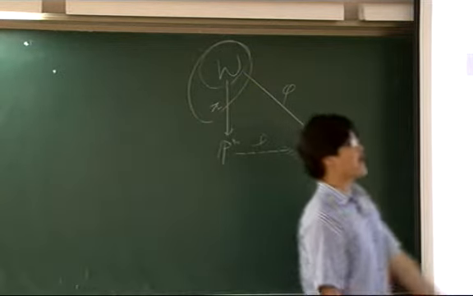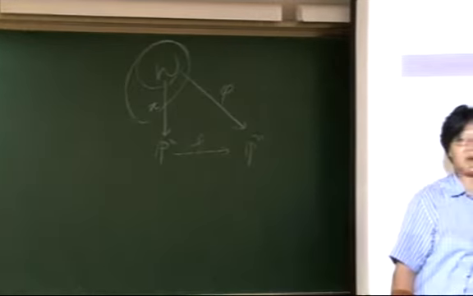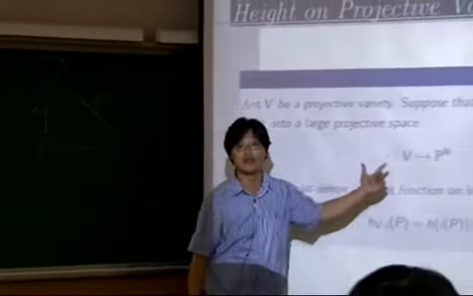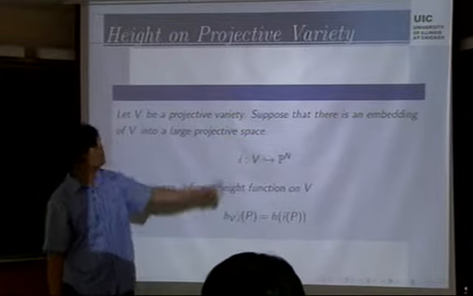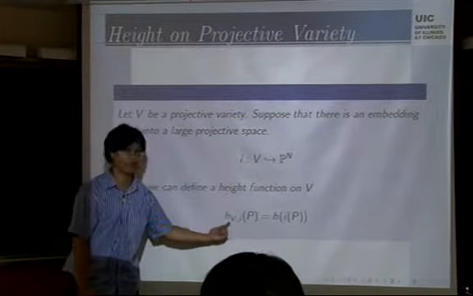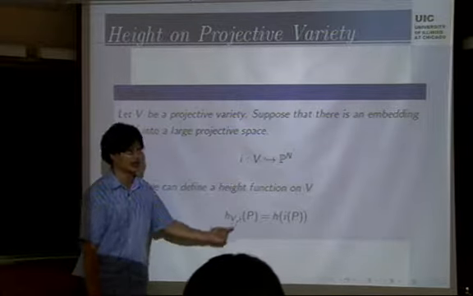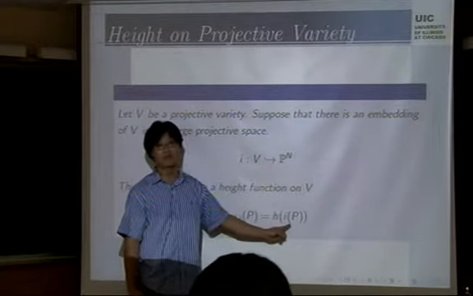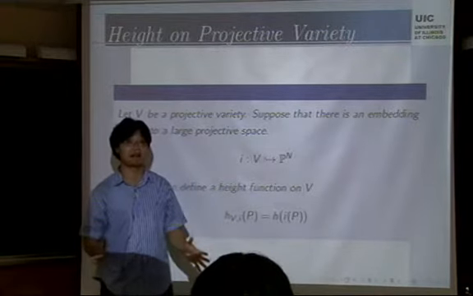So if we consider your projective variety as a closed subset of projective space, then we might have an inclusion of your projective variety into projective space. Once we have such an inclusion, then we might define a height function on your projective variety, depending on your closed embedding: just send your point to projective space and measure its height in projective space, then that's the height function.